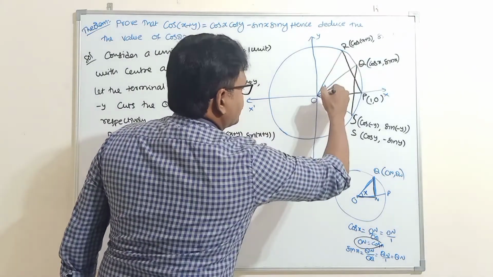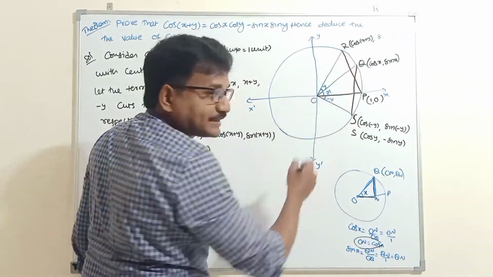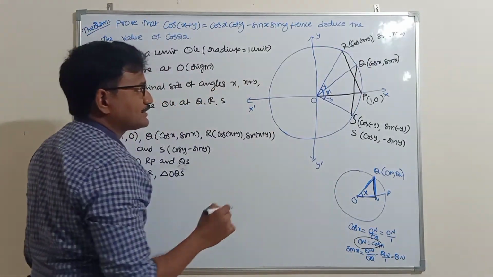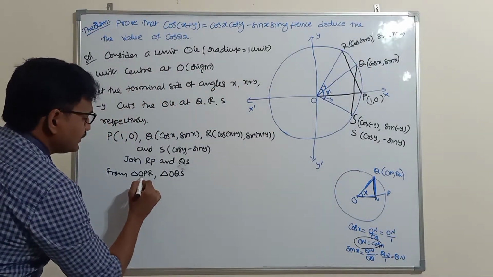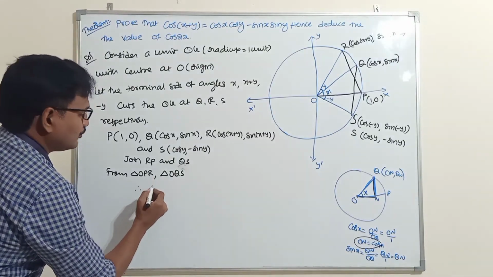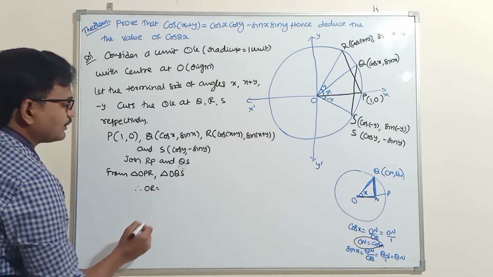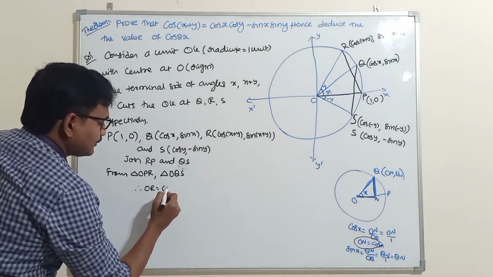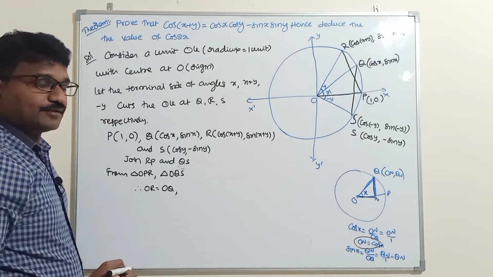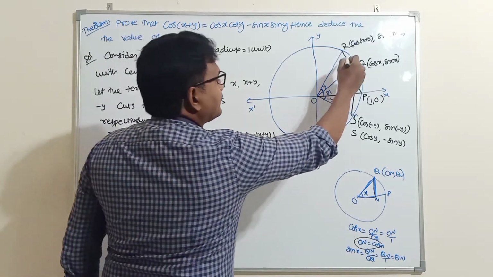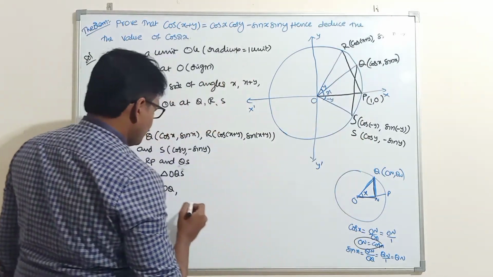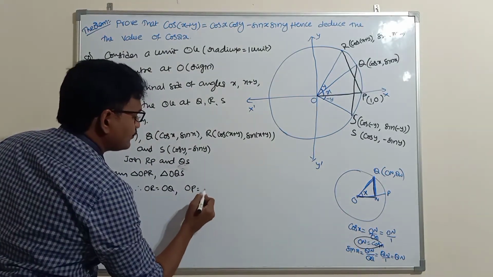From these two triangles, if you observe, OR means radius. Radius is 1 unit. Similarly, OQ is also a radius. Radius is 1 unit. Therefore, in triangle OPR, OR is equal to 1 unit. Similarly, in triangle OQS, OQ is equal to 1 unit. Therefore, OR is equal to OQ. Similarly, from triangle ORP, OP is equal to 1 unit.